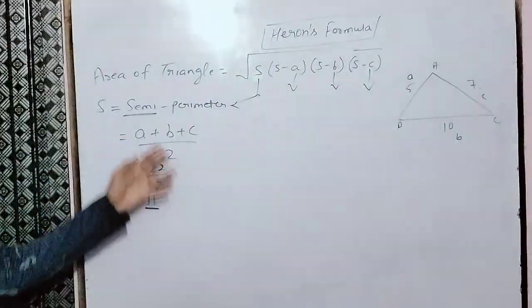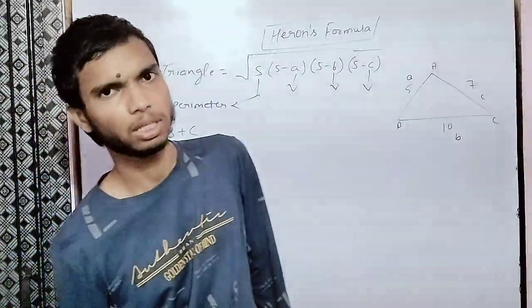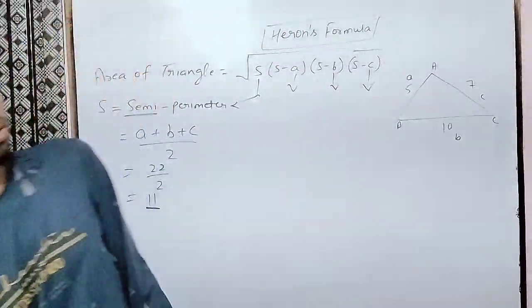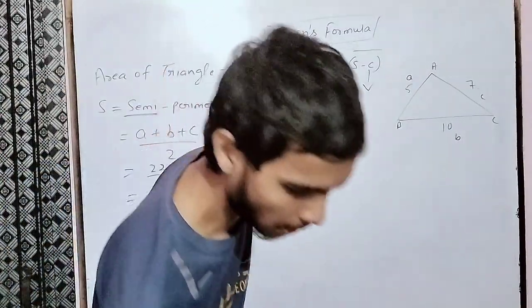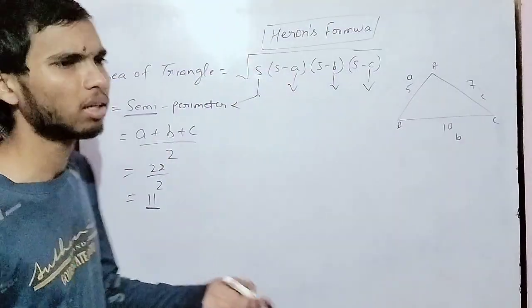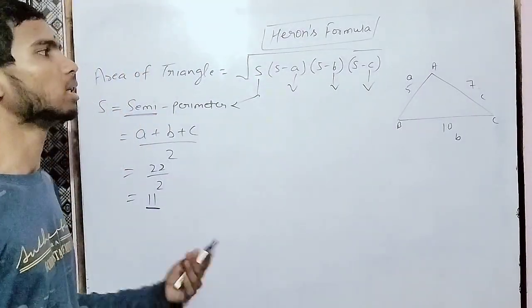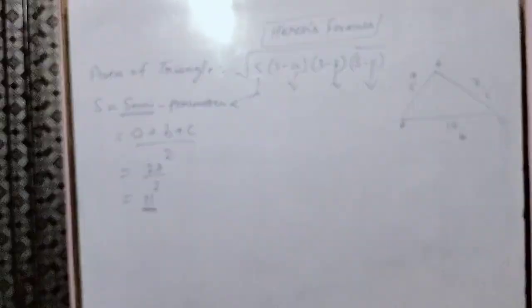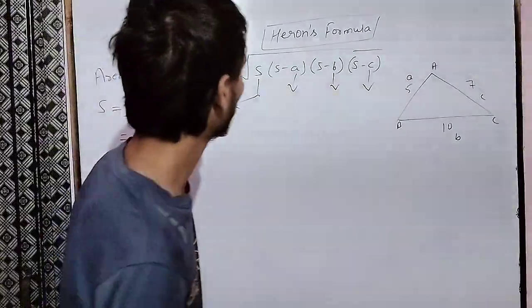Then you can use this formula. It is not fixed that you will only use one formula. You can also use this one, and the answer will be the same. But this is a lecture, so we will understand it, and we will use it in questions.